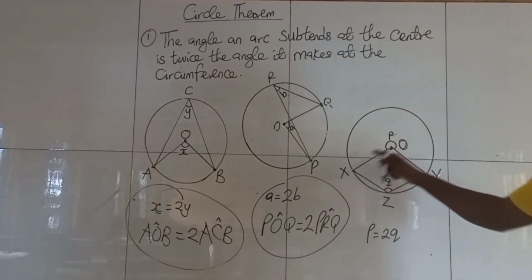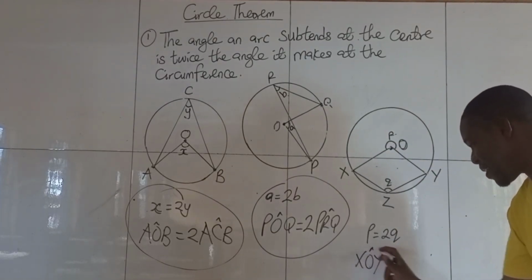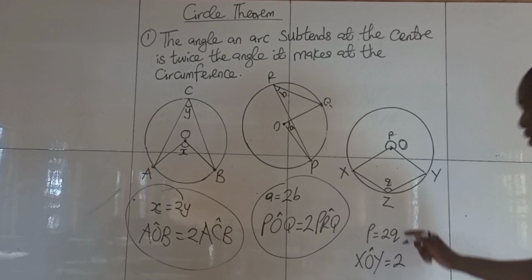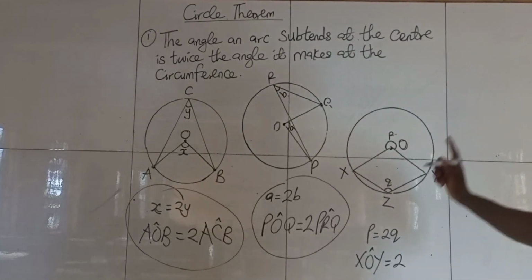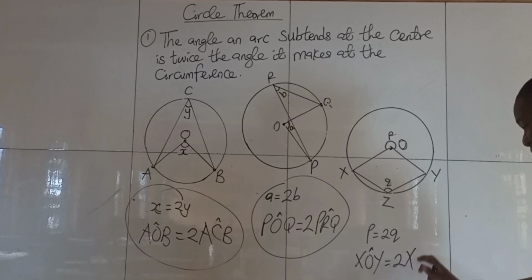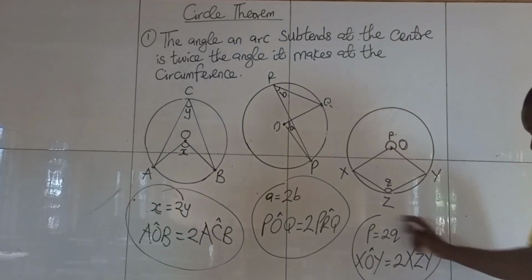P is XOY. XOY, which is angle at the center, is equal to 2 times Q, which is XZY. So that's what we have.